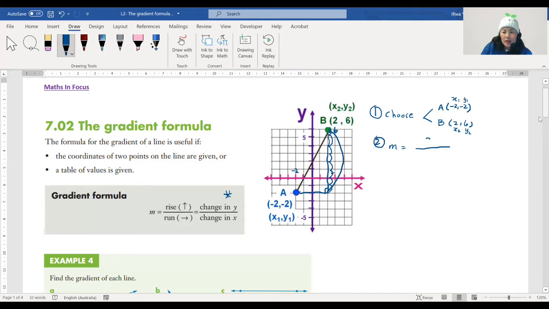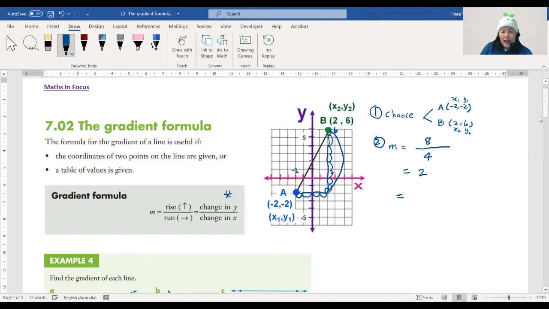So I know that's going to be 8, my rise. And then run is 1, 2, 3, 4. So my gradient is 2. That's not too bad, but you can't always have this on grid paper and count. So we need to think about doing something else.